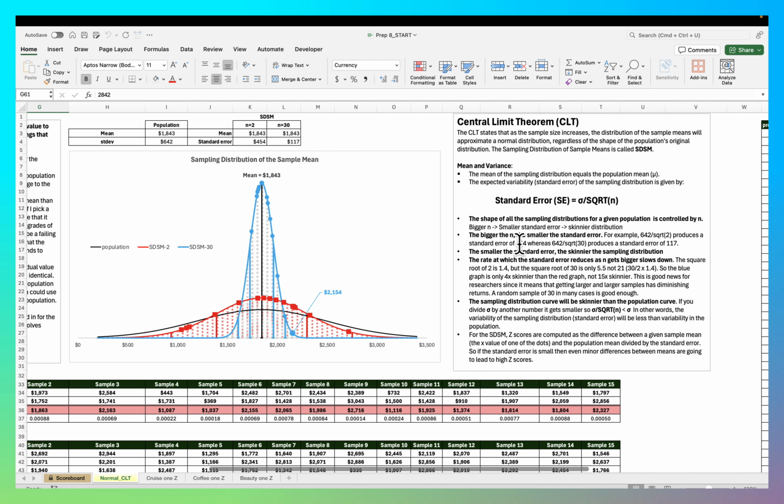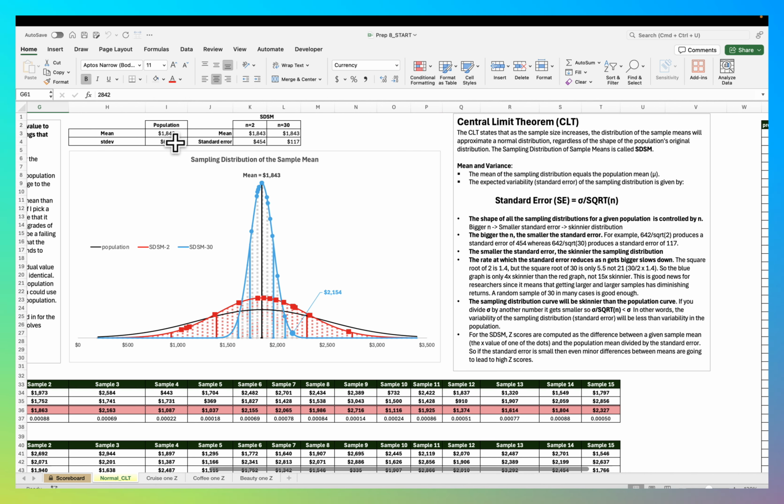So the shape of all sampling distributions for a given population is controlled by n. The bigger the n, the bigger the sample size, the smaller the standard error, because the denominator gets bigger, which leads to a skinnier distribution. For example, 642, which was the population standard deviation here, divided by the square root of 2 gives this standard error, 454.